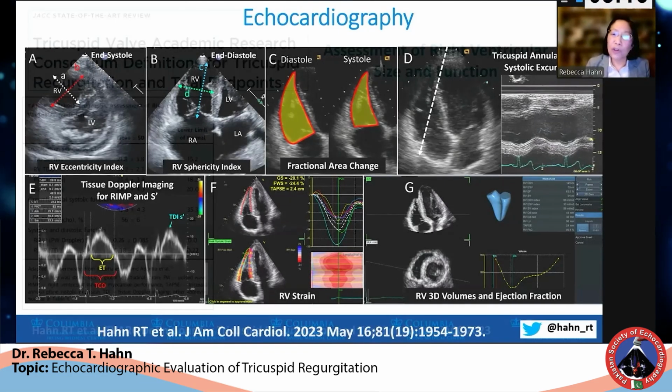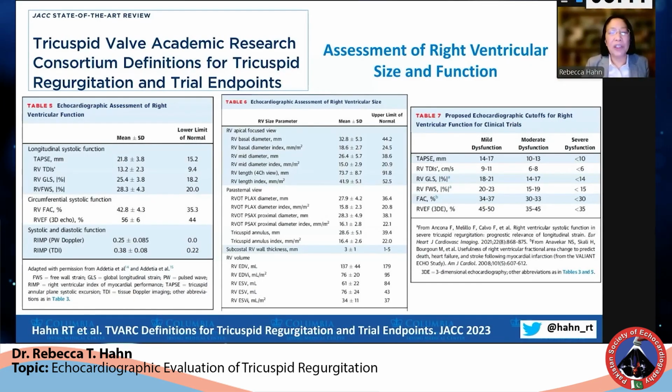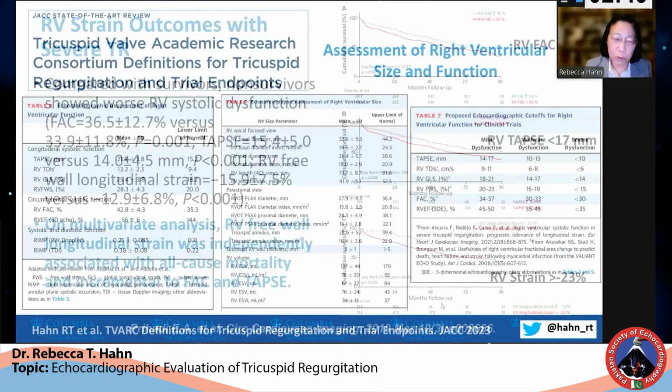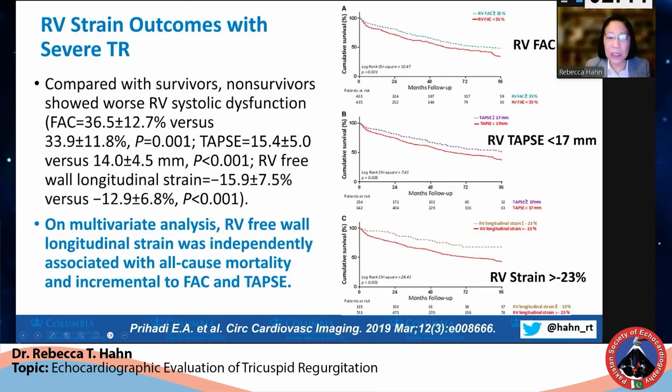And toward trying to define normal from abnormal, the TVARC definitions have used normative data that has been recently reported using worldwide echo data to define what we believe is mild, moderate, and severe dysfunction using a variety of different parameters. And we hope that those parameters may assist in the research that's being done in outcomes for tricuspid regurgitation.